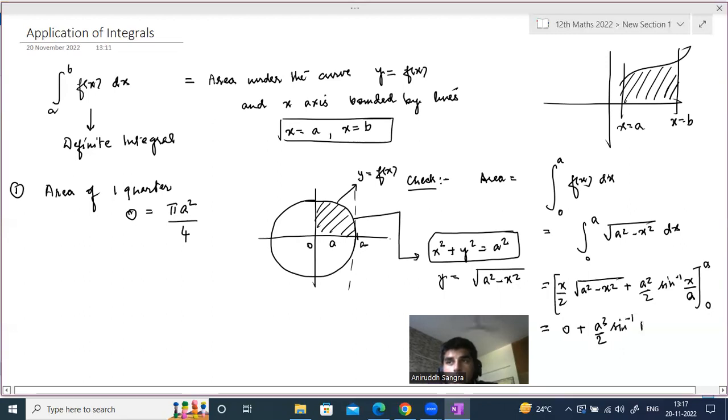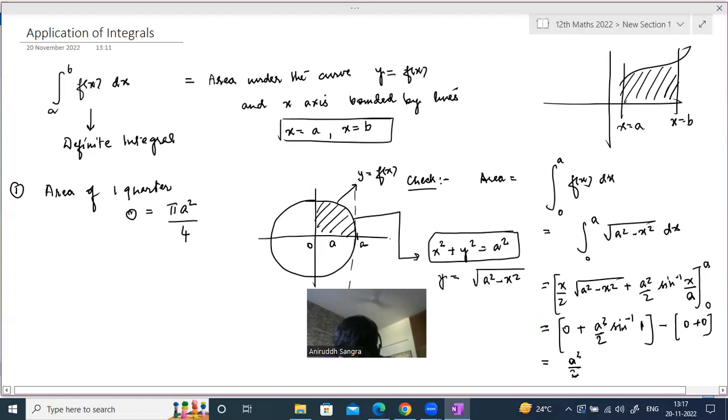And putting 0 gives 0 plus 0. So we get a square by 2 into pi by 2, which is equal to pi a square by 4.